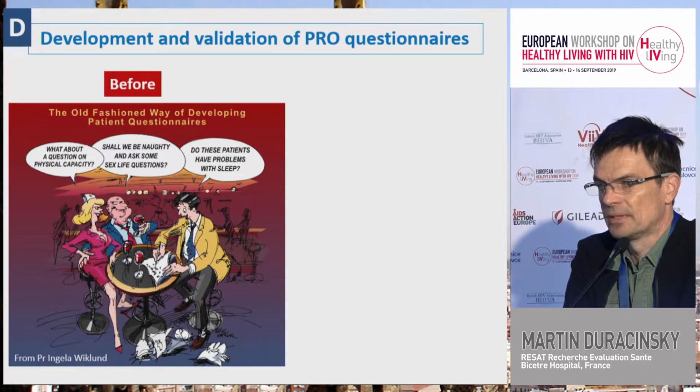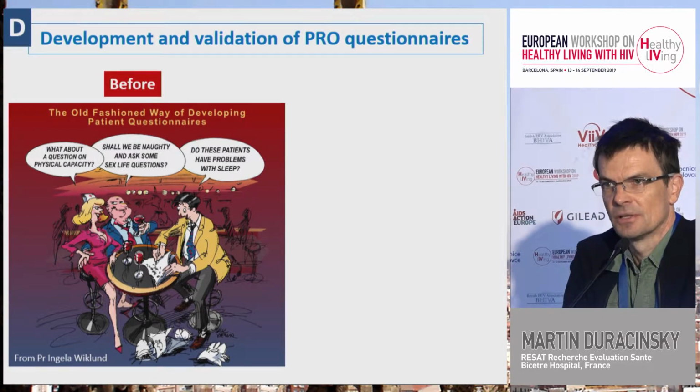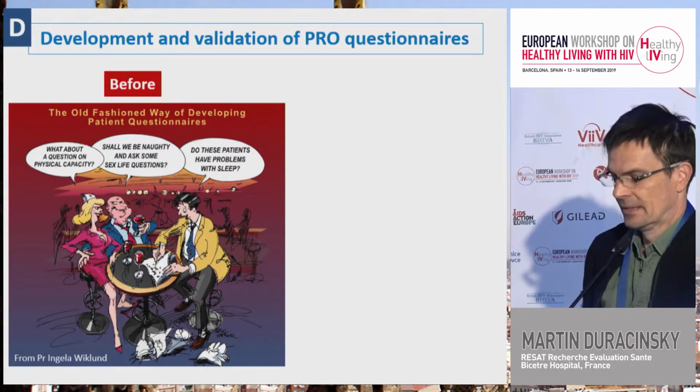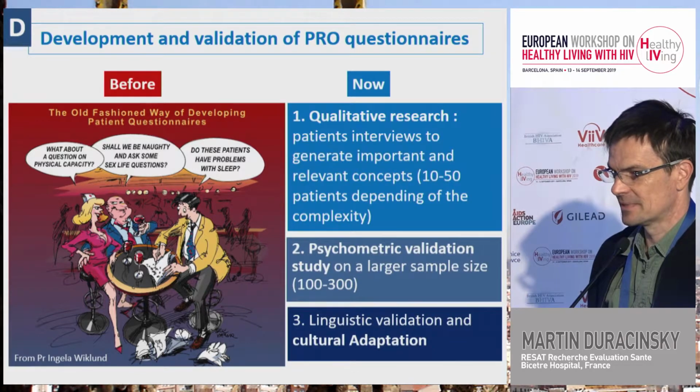So what about development and validation of PRO tools? Before, you could see some experts, 2 professors and 1 patient representative, sit in the evening, get a good restaurant, and write down the patient questionnaires. So this is not possible anymore. However, it still can happen in some situations.